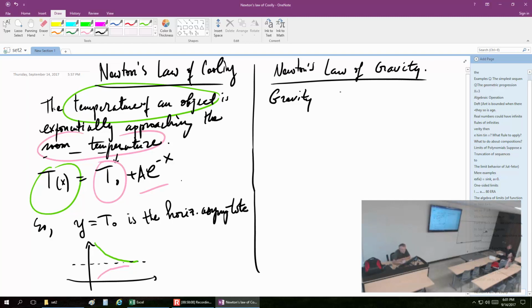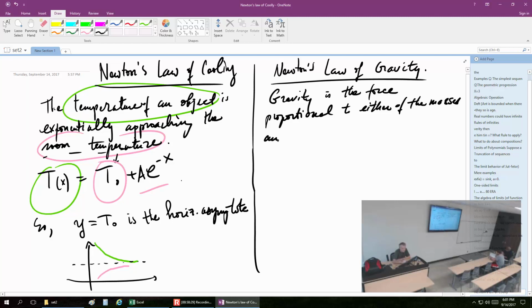So gravity is a force. Does this one have energy in it too? No, just the force. Is the force proportional to either of the masses? So the bigger the object, the harder it pulls the other object.